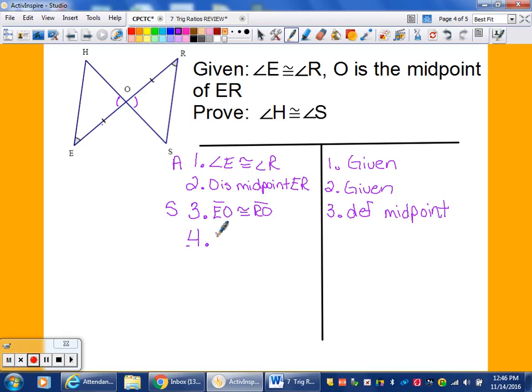Okay, so, without any smirking or giggling, let's name these angles. I know that angle EOH is congruent to angle ROS. Good. And what's our reasoning? Vertical angles. Good.